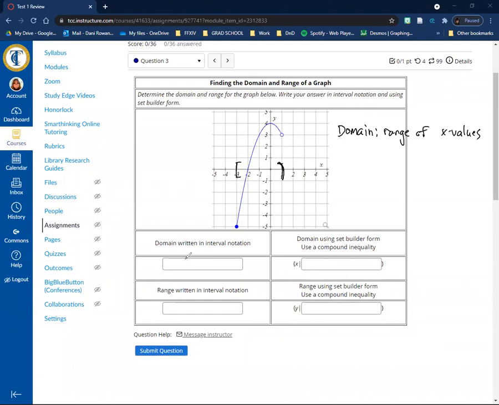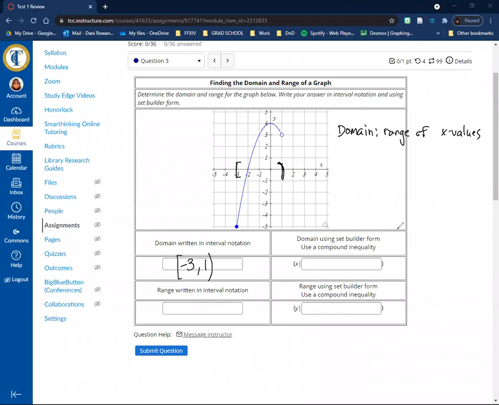So if we're writing that in interval notation, we're going to start at -3 and end at 1. Now it includes -3, so we use brackets. Does it include 1? No, so we're using parentheses.